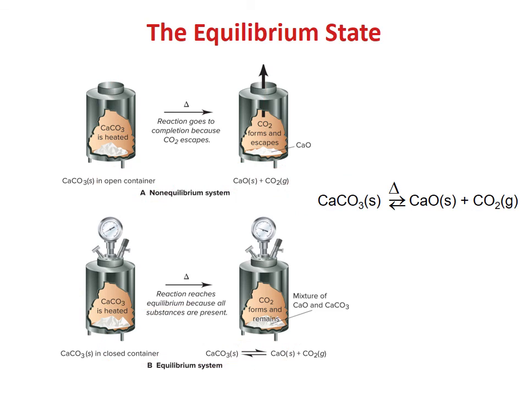There are other types of reversible reactions. One example is weak acid and weak base dissociation in water. We all know that a strong acid, such as hydrochloric acid, completely dissociates in water into hydrogen ion and chloride ion.